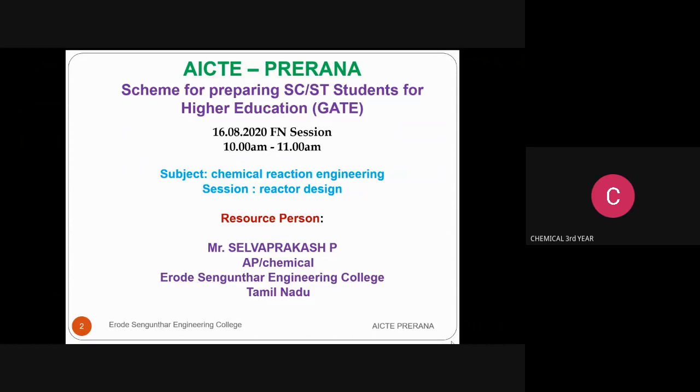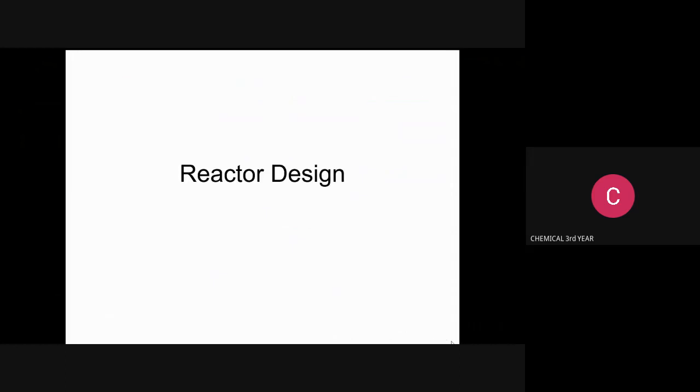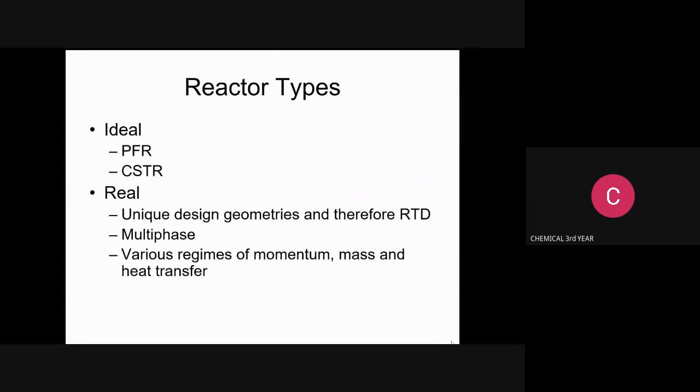Further, I'm going to discuss in this video lecture, thoroughly, reactor design only. Before that, we have to know what is ideal and real. Ideal means the perfect stuff.